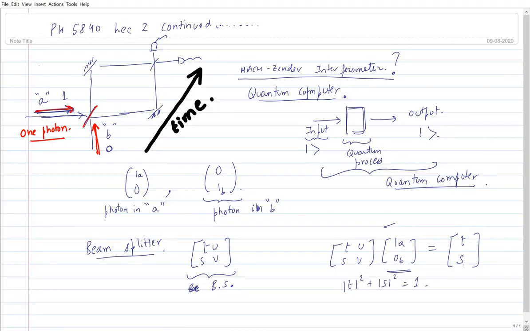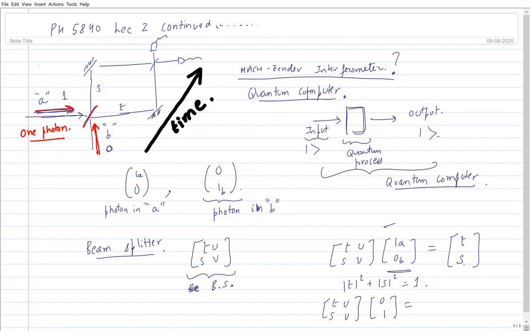Essentially, that means the probability of having the photon in either of the ports is conserved. And I can do the same sort of analysis for the other port.